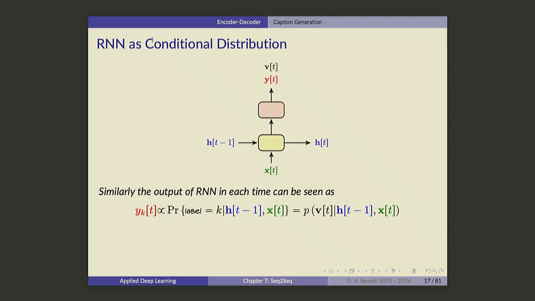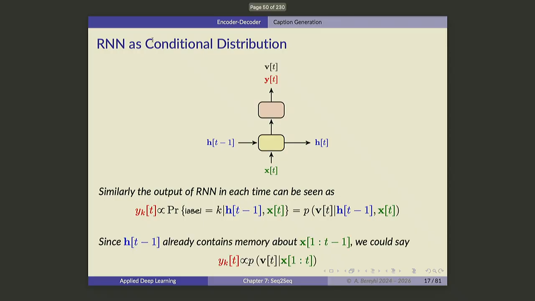So h_{t-1} carries the information about x_1 to x_{t-1}, which was the whole purpose when we started building this RNN. We wanted to build one model which has a memory, and that memory is capturing everything before.